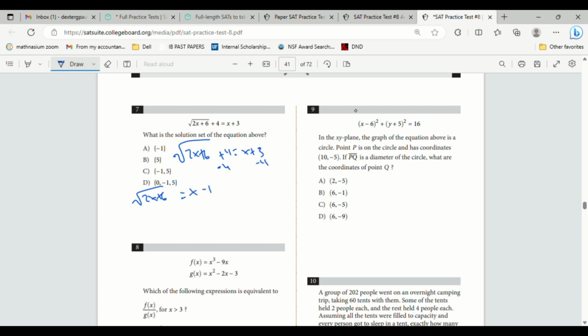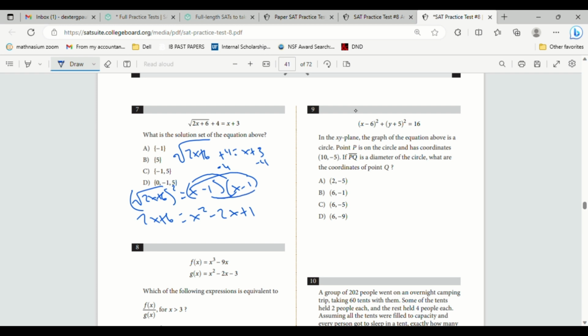To undo square roots, you have to square, so I'm going to square both sides. 2x plus 6 equals, and I'm going to FOIL this out, so it's x minus 1 times x minus 1, or FOIL is x squared minus 2x plus 1, because we did the first two terms, the inner two terms, the outer two terms, and the last two terms.